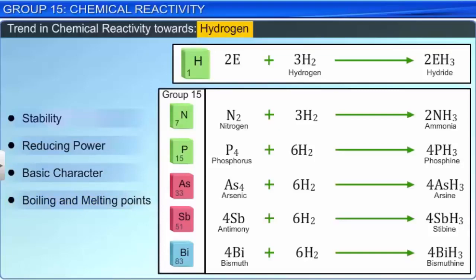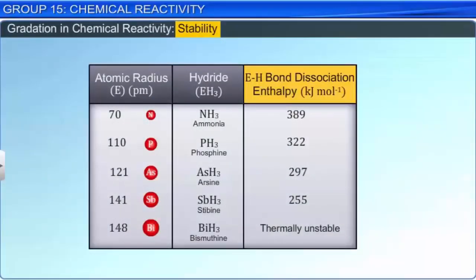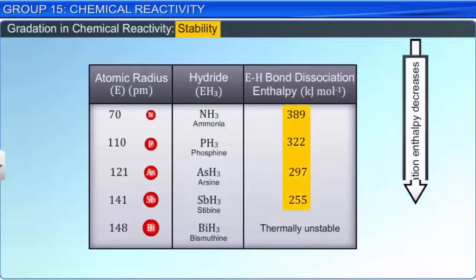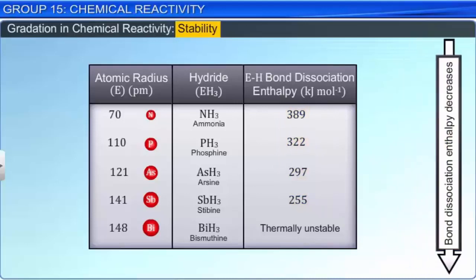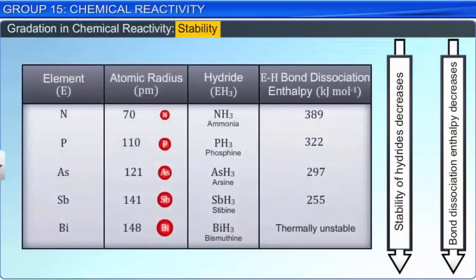The table here shows that the bond dissociation enthalpy of hydrides decreases on descending the group, which further indicates that the stability of hydrides decreases from ammonia to bismuthine. This is because the central atom E increases in size down the group. With the increase in the size of the central atom, the EH bond becomes weaker.